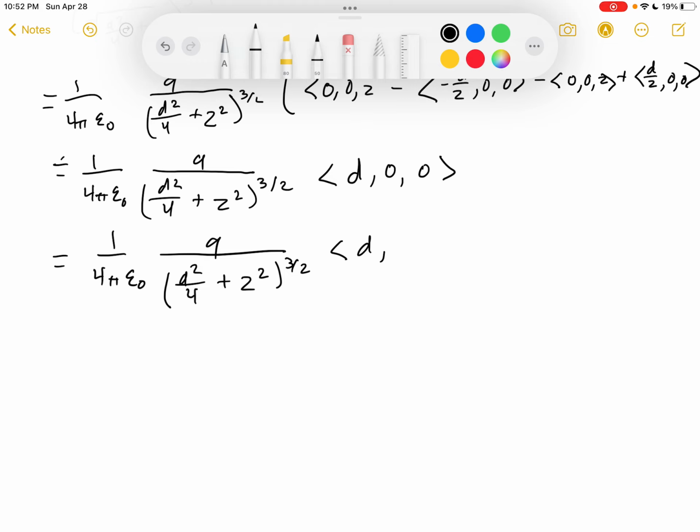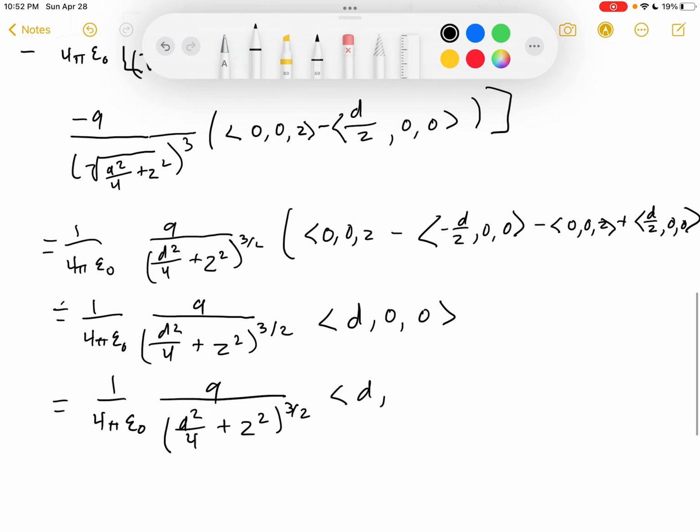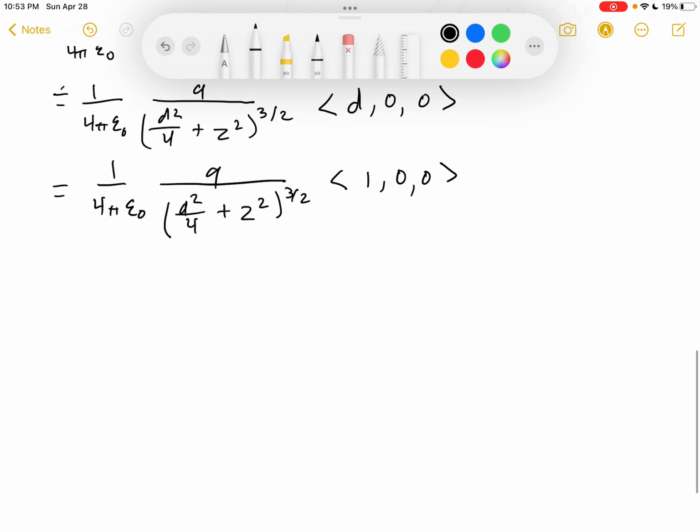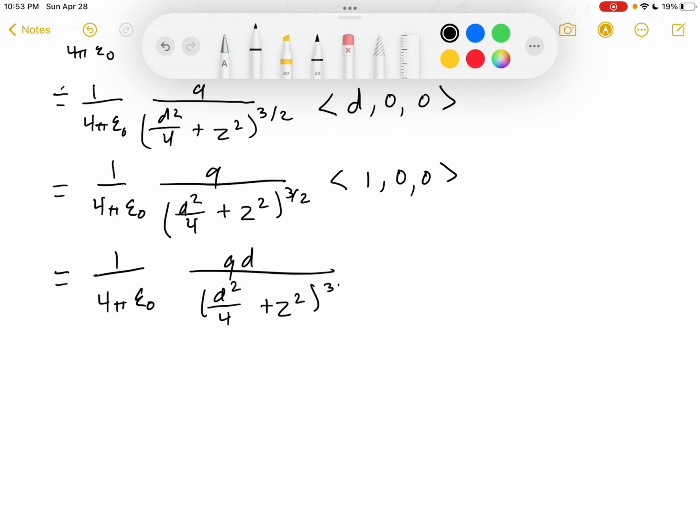Plug in 1 for z, 1 for d, 0, 0. Ultimately, we get 1 over 4 pi epsilon naught times qd over d squared over 4 plus z squared raised to the 3 halves x hat.